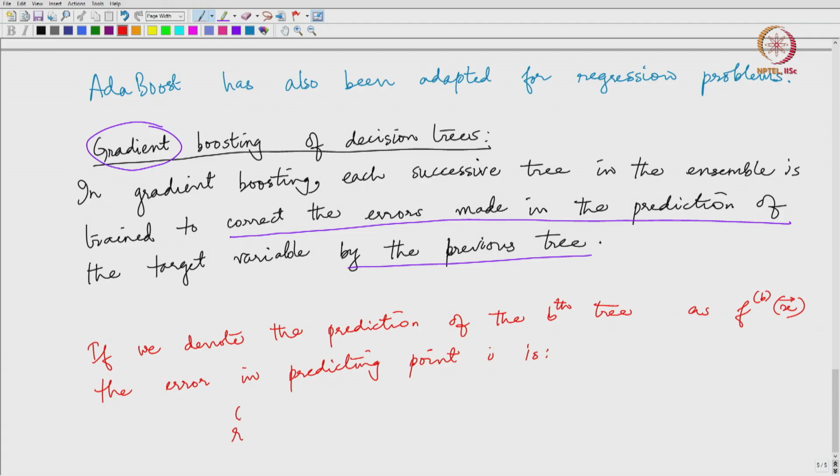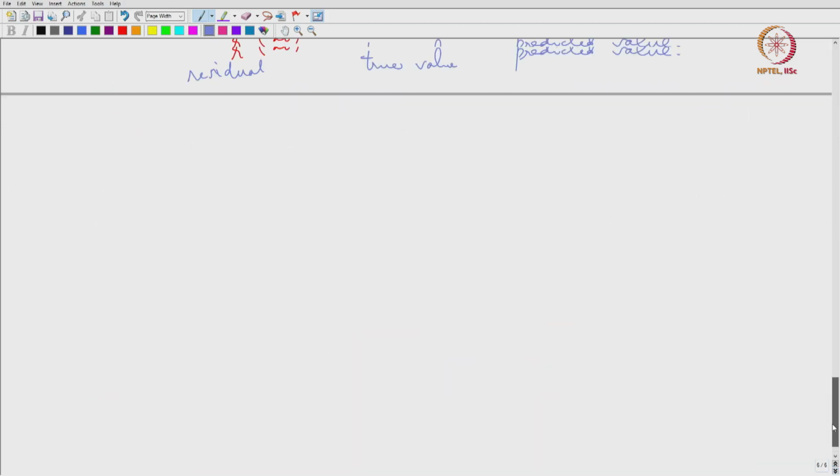So, let us denote that as R. So, R_b(x_i) is basically the difference between the true value and what the bth tree has predicted. So, this here is the residual, this is the true value, and this here is the predicted value. Okay. So, this is all good.